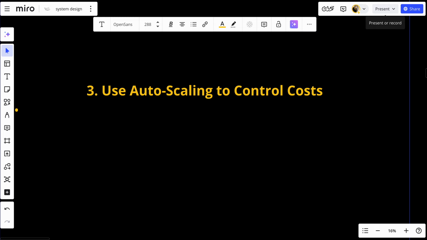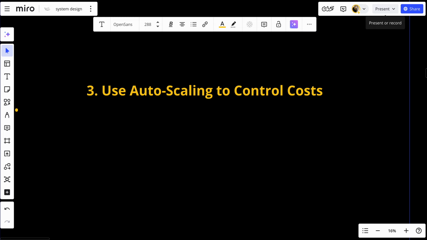Number three, use autoscaling to control costs. Autoscaling allows you to dynamically add or remove resources based on demand. During peak times, you can automatically scale up servers to handle increased load, and during off-peak times, you can scale down to save costs.